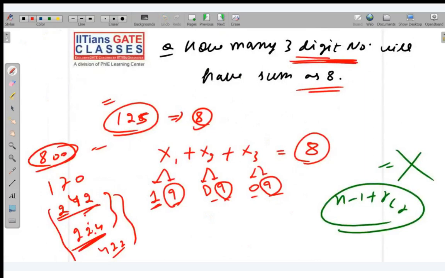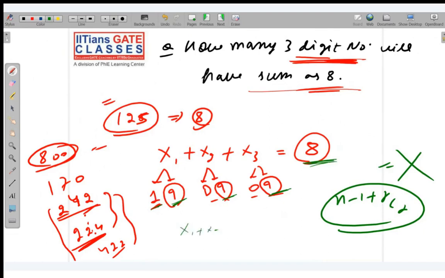Same scenario here. How many 3-digit numbers will have sum as 8? I have left it, so now I can solve it. There is no upper constraint, because they can take values up to 9 also, but here we want the sum to be 8, no problem at all. Only one constraint, that the minimum value is 1. I will subtract it.